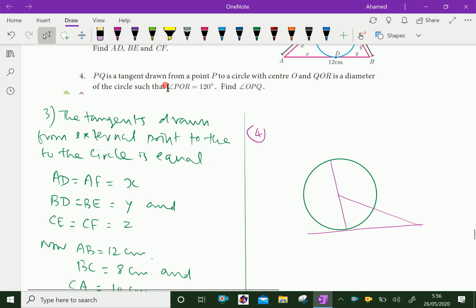PQ is the tangent to the circle at point Q, with center O, and QOR is a diameter.